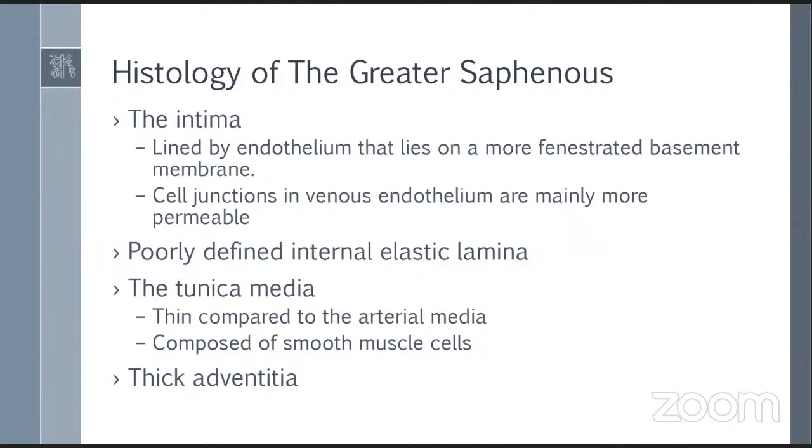The cell junctions of this endothelium, the endothelial cells, are more permeable, and that's what makes it more prone to development of atherosclerosis. It has a poorly defined internal elastic lamina. The tunica media of the vein is thin compared to the arterial media. That's why it's resistant to spasm. And it is composed of smooth muscle cells. It has also a thick adventitia.